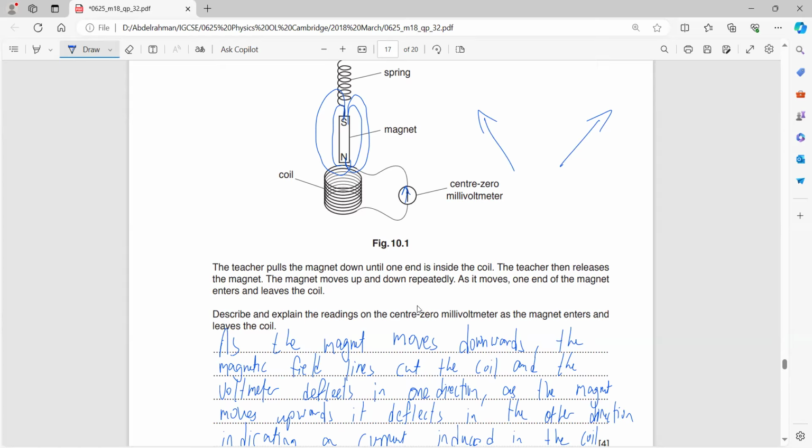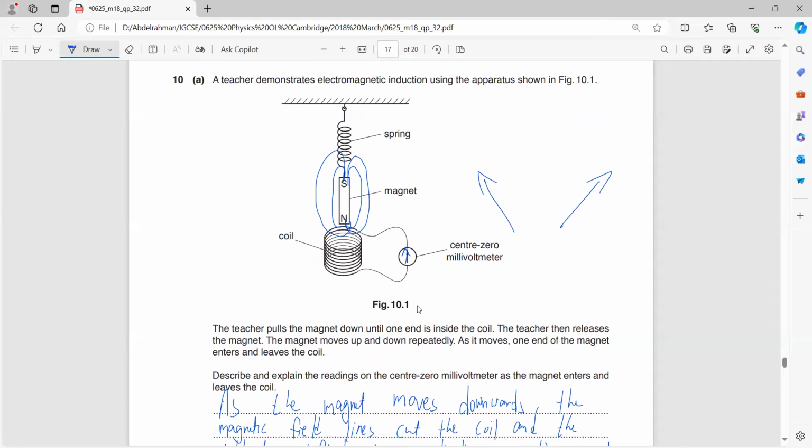If the current is moving in one direction, it will deflect to the left. If it's moving in the other direction, it will deflect to the right. That's the whole point of electromagnetic induction. Induction means that I'm producing a current. That's it.